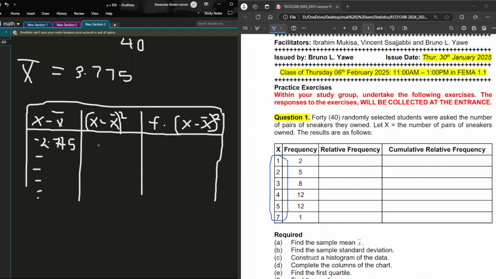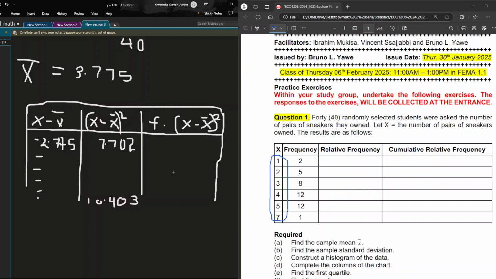Then when we square those numbers, we get only positive values here. My first one here is 7.702, so square those numbers and see what you get. And the last one here is 10.403. So now we have this field, multiply it with the frequency on this side.